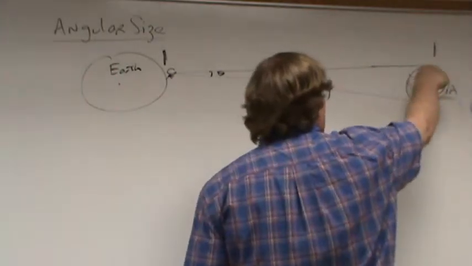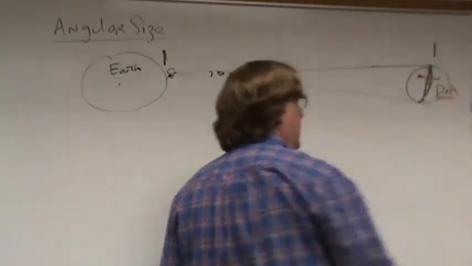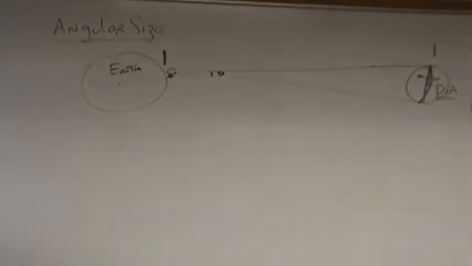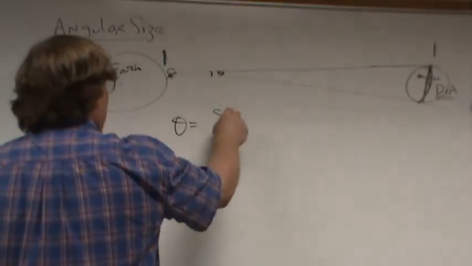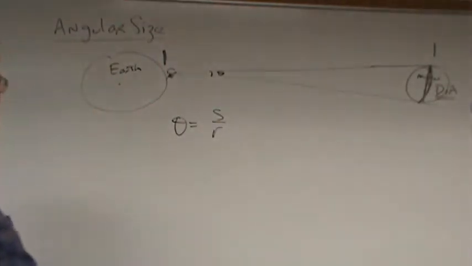So that arc that's subtended, the S, is just going to be the diameter of the moon, because that's close enough for such a small angle. And then I can use theta equals S over R to find what the angle subtended by the moon is.